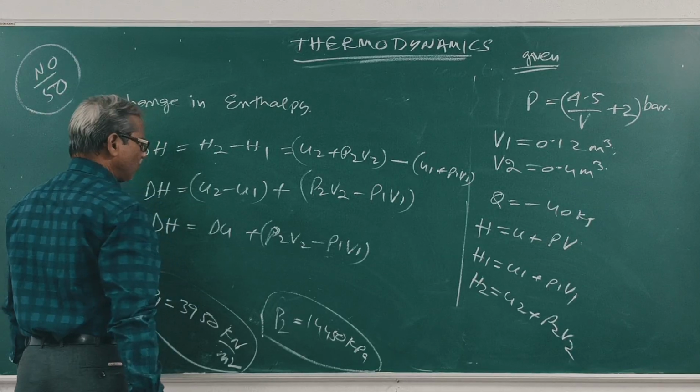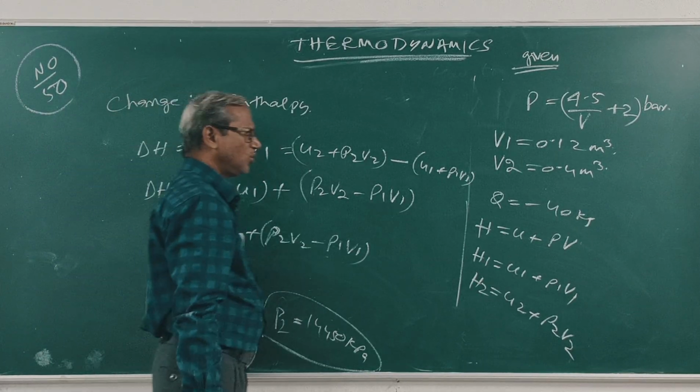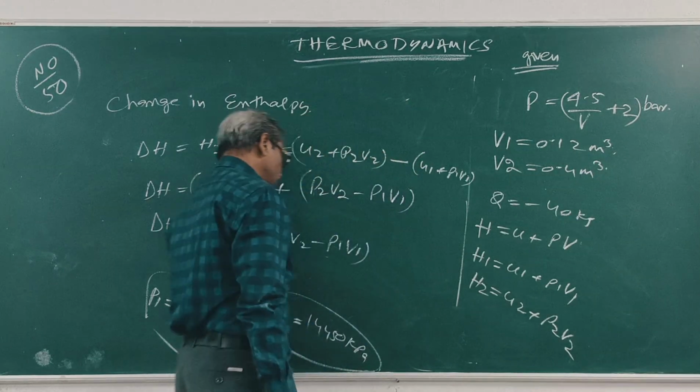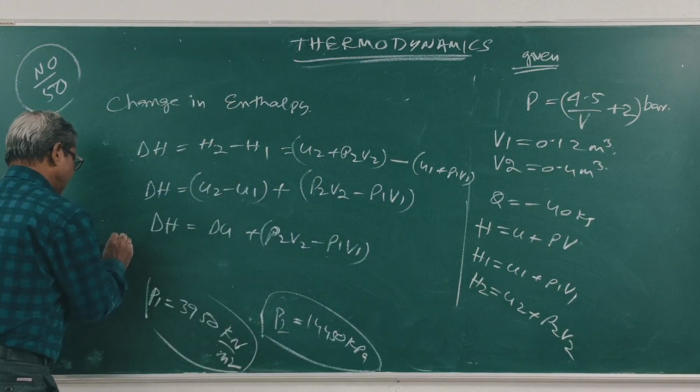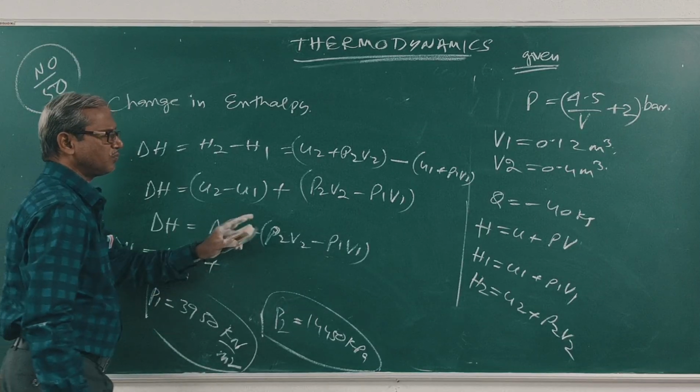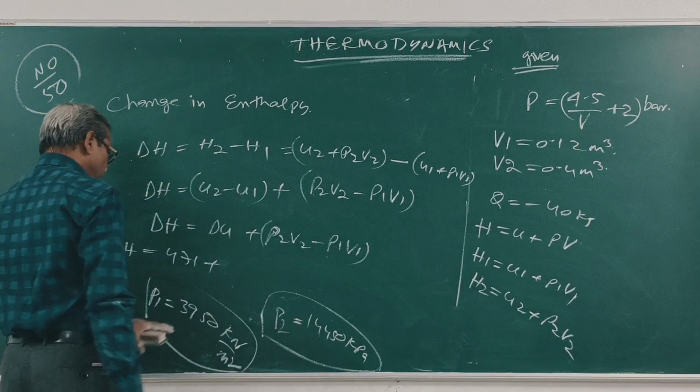Now what is del U? Del U is 471 kilojoule. So del H is equal to 471 kilojoule plus P2 V2.